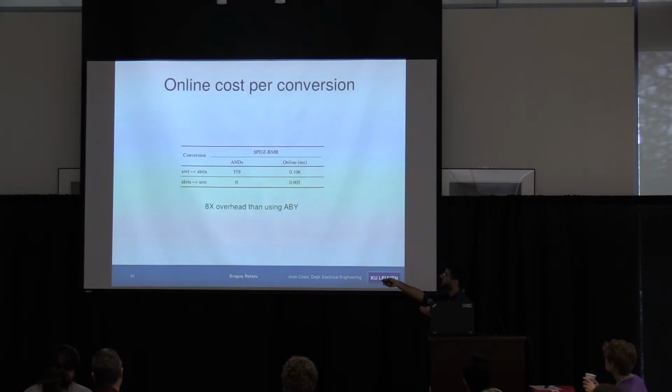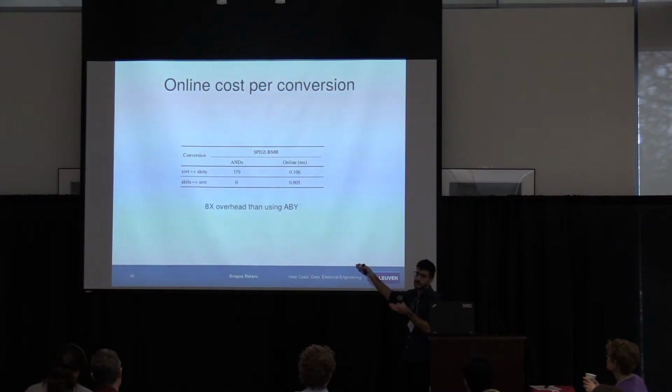And going from sbit to sint is just using daBits, and the online cost is very small. It's just mod P arithmetic. And this is 8 times slower than the ABY version. This is the two-party malicious case, and we're 8 times slower than ABY, which is the semi-honest version of going from arithmetic to Yao garbling.